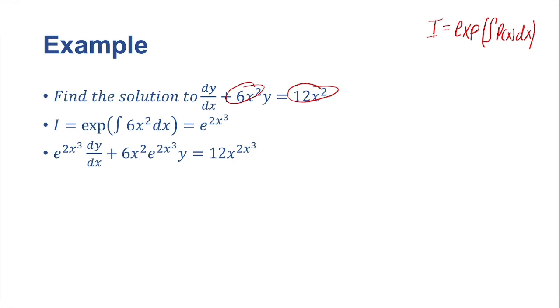So we get e to the 2x cubed times dy by dx plus 6x squared e to the 2x cubed y is equal to 12x squared e to the 2x cubed.